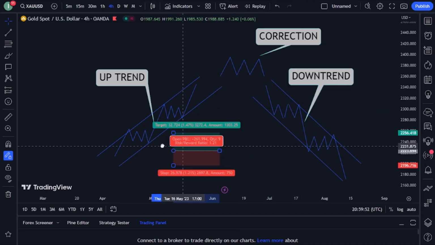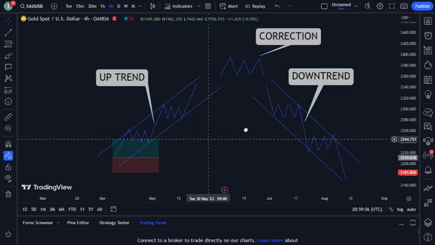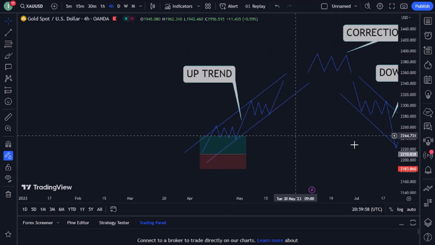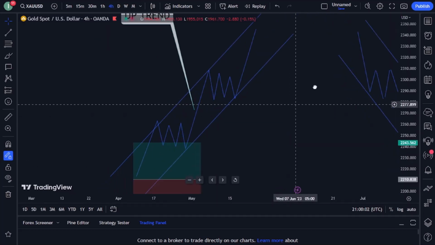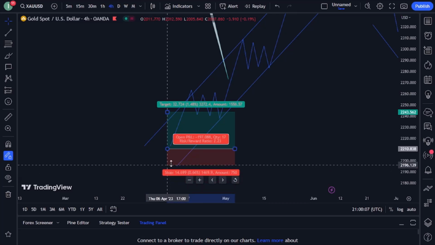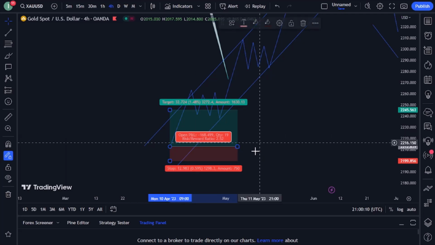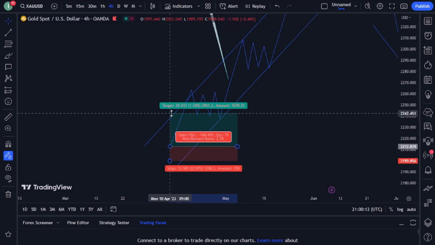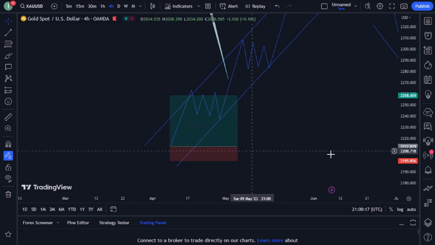After buying there, the market starts to correct while you are in the trade. It started to do the correction.